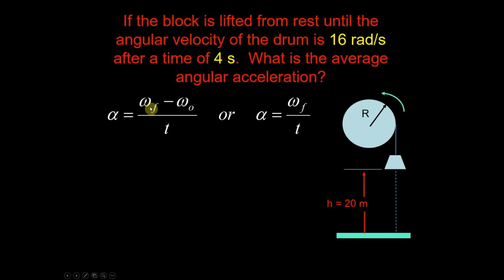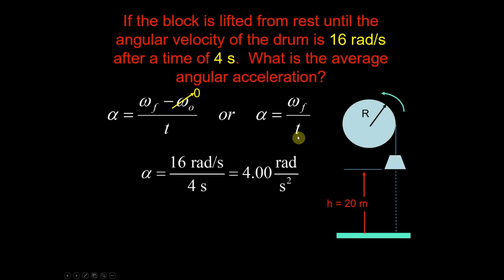Alpha is going to be omega f minus omega i over t, essentially the way we used to do a, delta v over delta t, here delta omega over delta t. Omega i, our initial omega, is 0, so alpha is omega f over t. That gives us 16 radians per second over 4 seconds, which gives us an alpha of 4 radians per second per second. Not a particularly complicated one here.